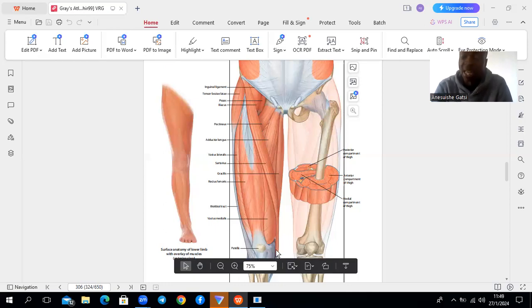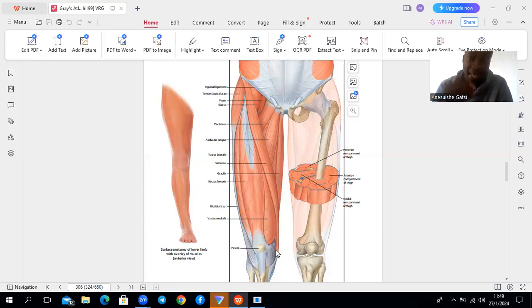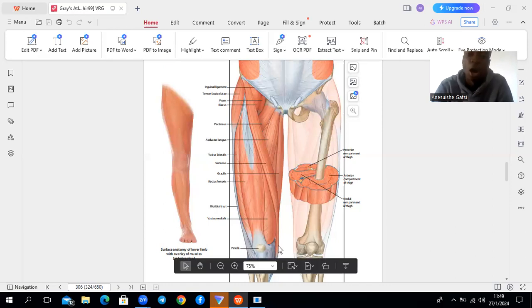Unlike the other muscles on the anterior aspect of the thigh, which when you say they flex the hip, they'll extend the knee, your sartorius will actually flex both the hip and the knee. On top of that, due to its attachment to the medial aspect of the shaft of the tibia, the upper part that is, it is also going to medially rotate the leg at the knee joint, right?